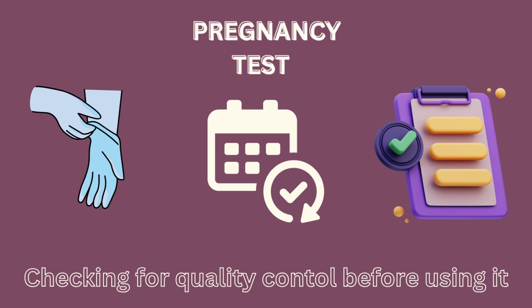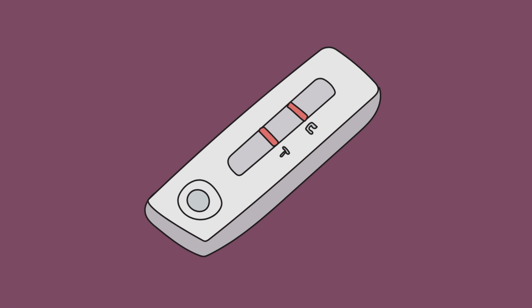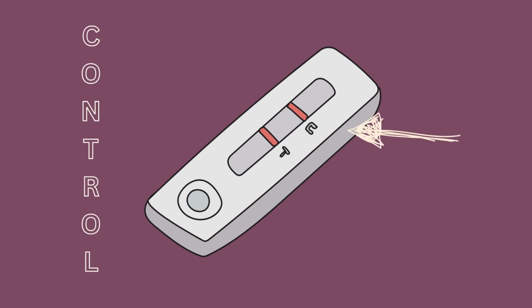In order to properly read the test, we should understand what the C and T windows mean. The C window is the control line, which if a line appears, means that the kit is working properly, it's up to date, meaning that the results are valid. And the T window is the result.